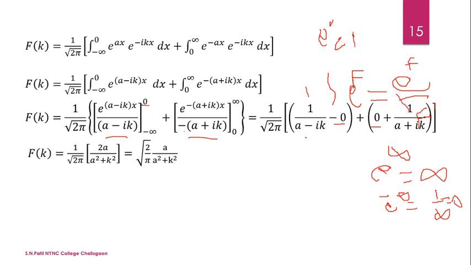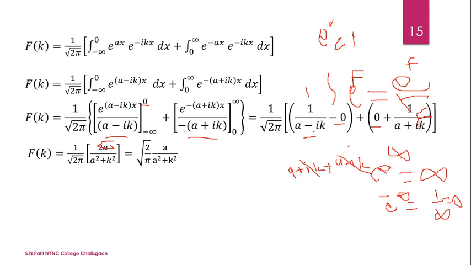Okay, now here 1 upon a minus ik, and here 1 upon a plus ik. When we simplify this, a plus ik is multiplied here, and a minus ik is multiplied here. Then ik will get cancelled, and the remaining term is 2a.